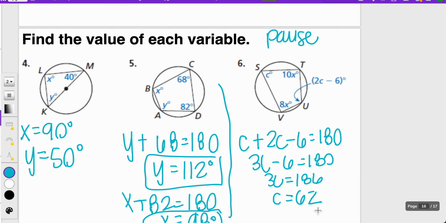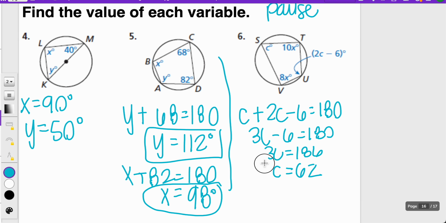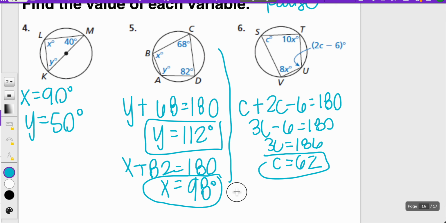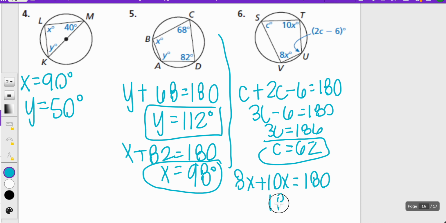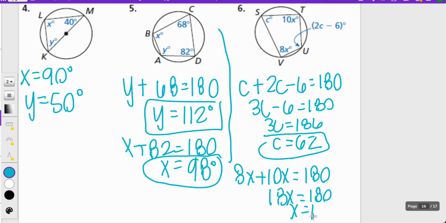Right? 186 divided by 3. There we go. Okay. Then we've got 8x plus 10x equal to 180, or 18x equals 180, which means x has to be 10. Okay? That'll conclude our video on 10.4, inscribed angles and polygons.